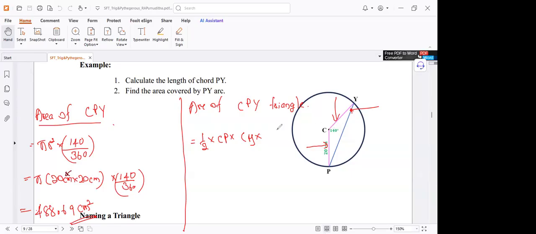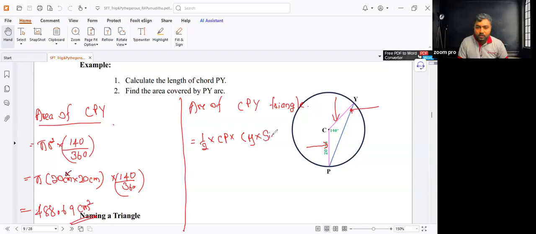Yes, sir. Okay. Then sine 140. I will do some calculation using this equation again. Half into CP, which is 20 centimeter, and CY is also 20 centimeter, then sine 140. 20 into 20 is 400. 400 into half means 200. 200 into sine 140.